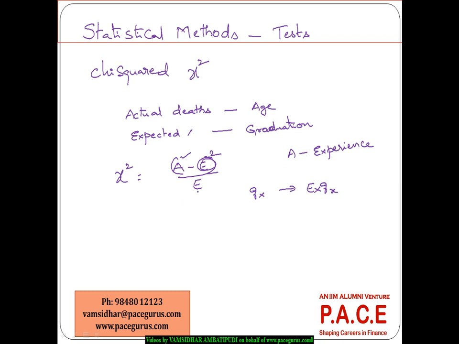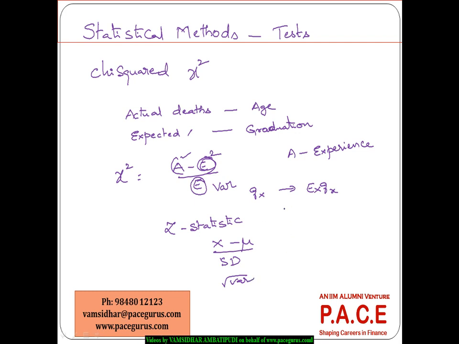And finally, when I am dividing it by the variance, see, when we are talking about a Z statistic, we talk about the actual value minus the mean divided by the standard deviation, or the square root of variance.